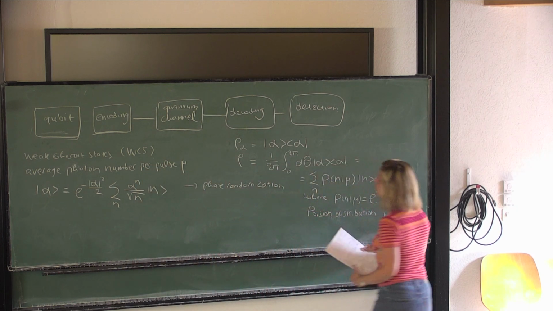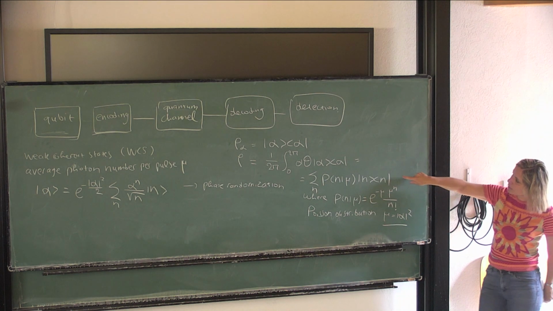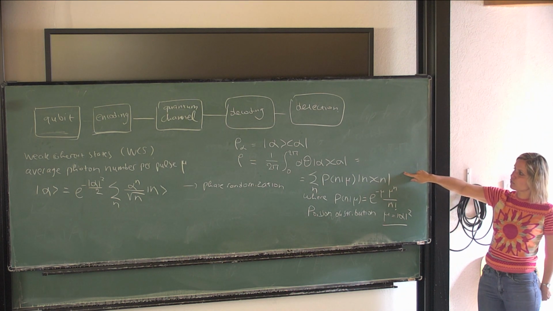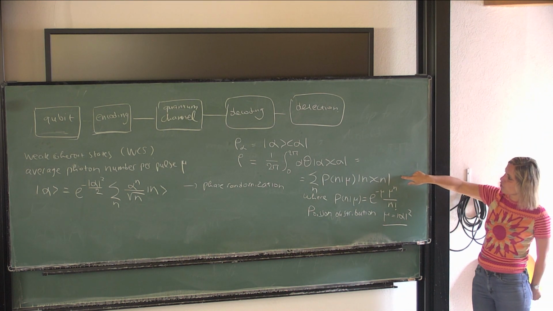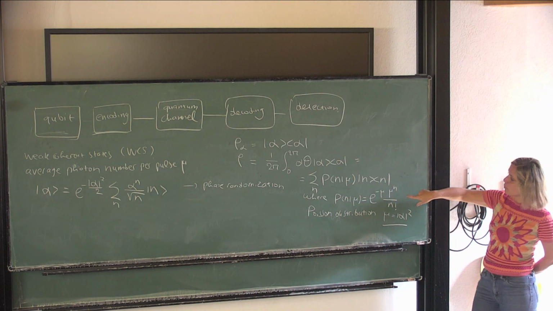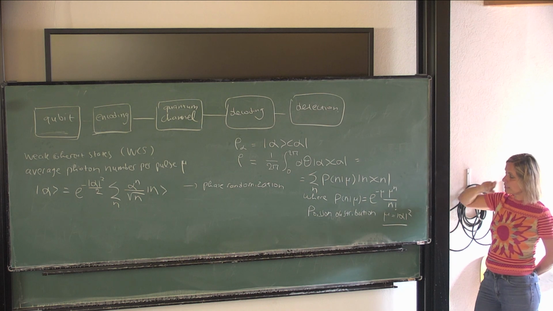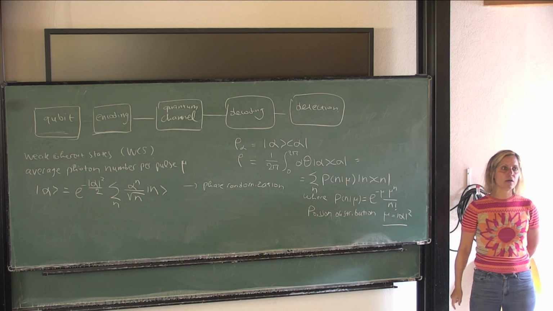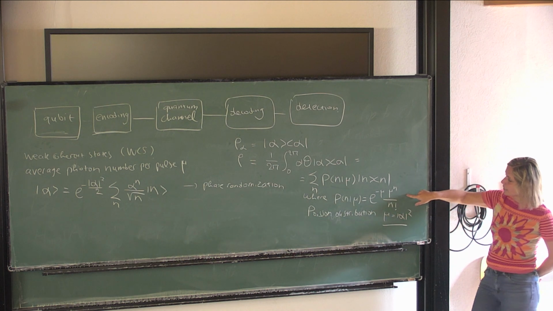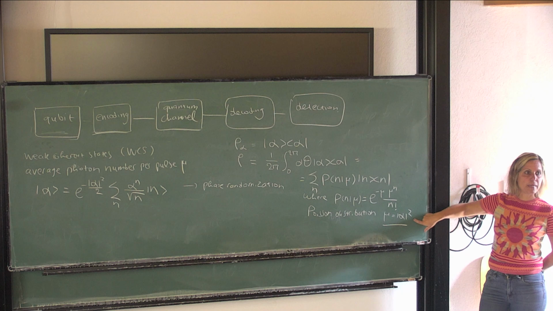And this, with a little bit of algebra when using the expression of the coherent state, can be written in this expression. So this is exactly what we said, a mixture of all Fock states, where this probability is the Poisson distribution, the distribution of photons of a coherent state coming out of a laser, where mu is the average photon number per pulse.